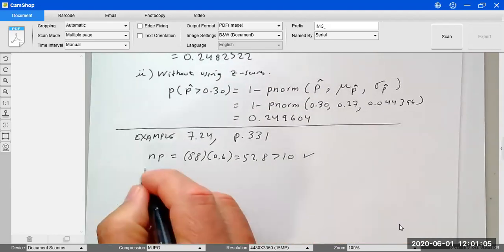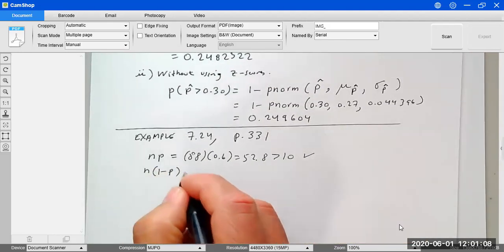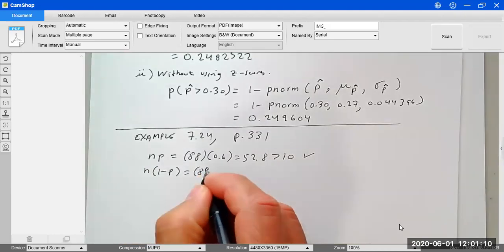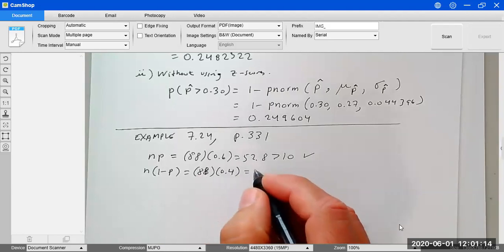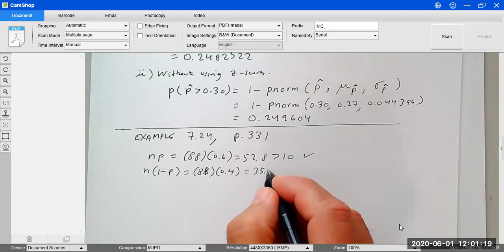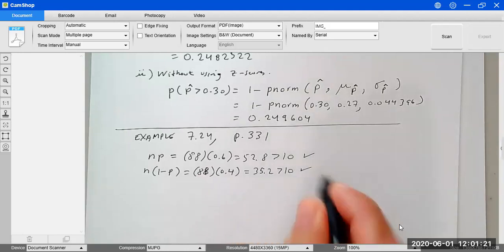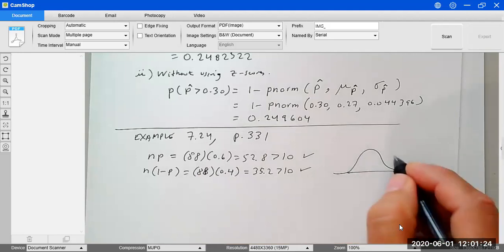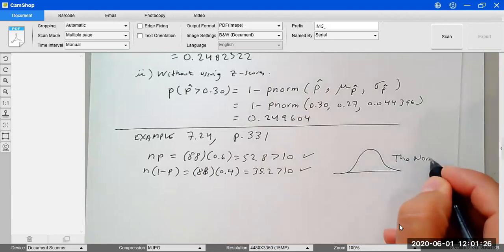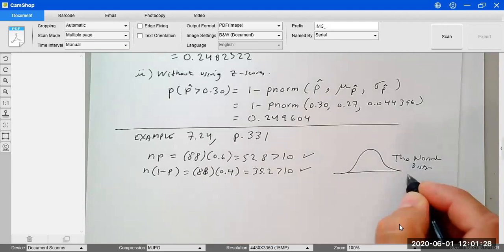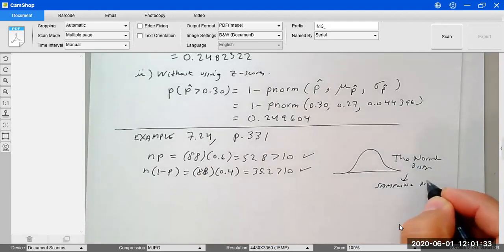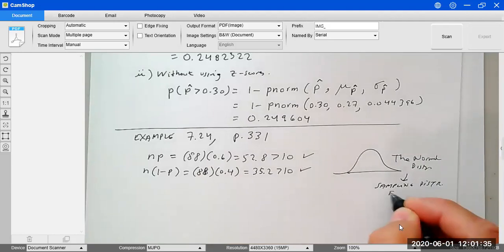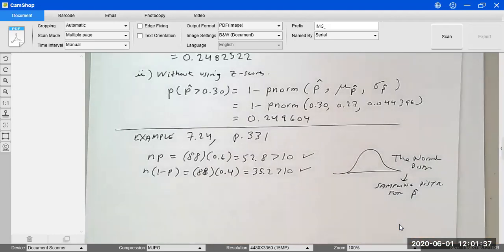Then n times 1 minus p is 88 times 0.4, and this is 35.2, which is also greater than 10, so we can use the normal distribution. The normal distribution is going to be the sampling distribution for proportion. Sampling distribution for p hat.